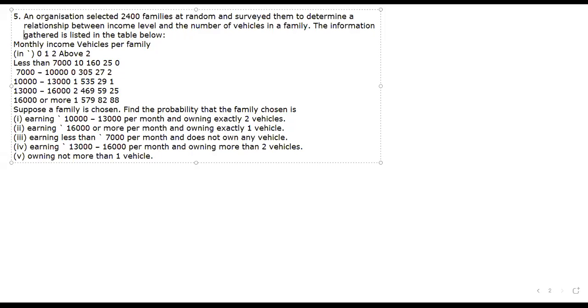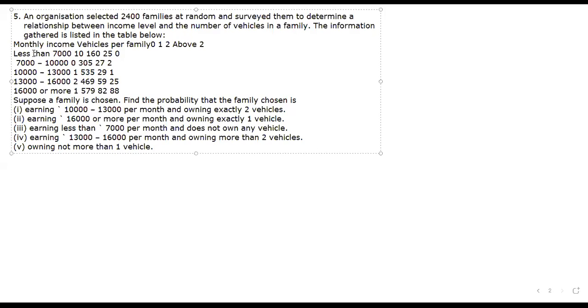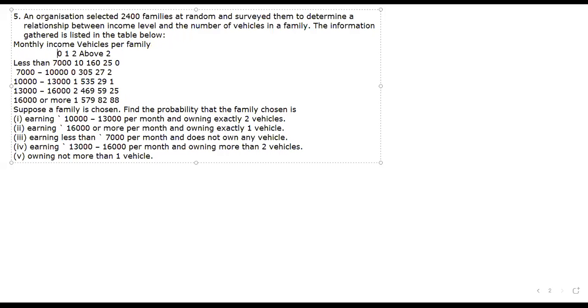Yes or no? They surveyed to determine the relationship between income level and number of vehicles in a family. So monthly income in rupees and vehicles per family. Vehicles per family is 0, 1, 2 and above.